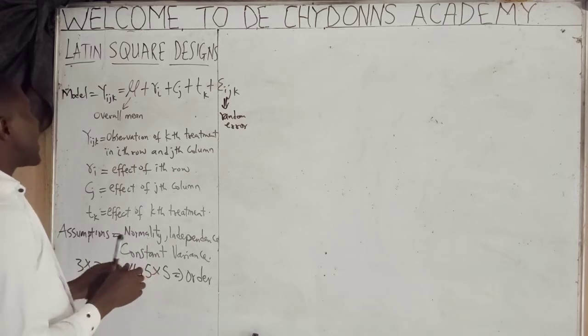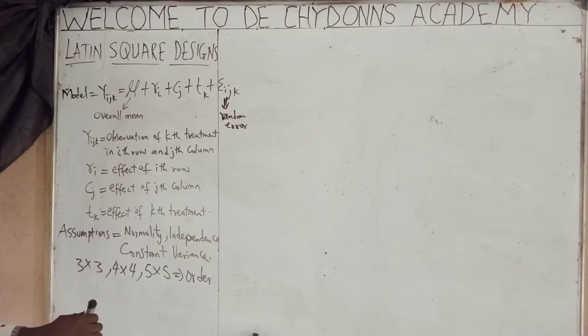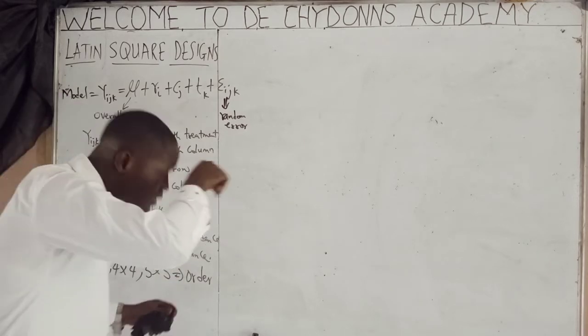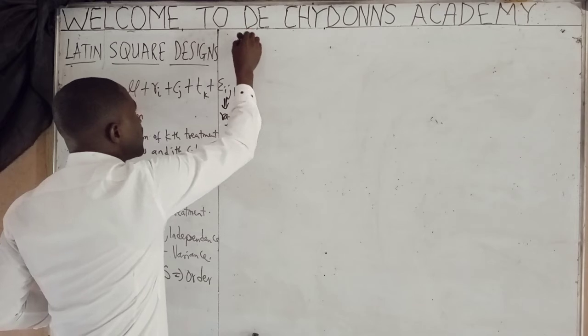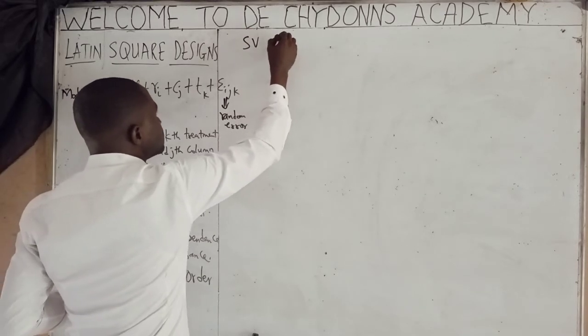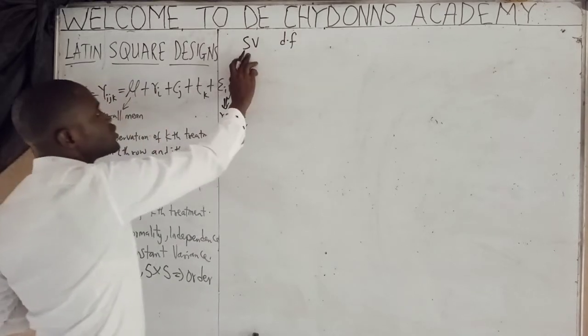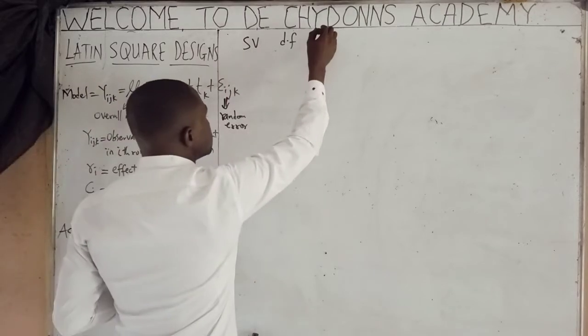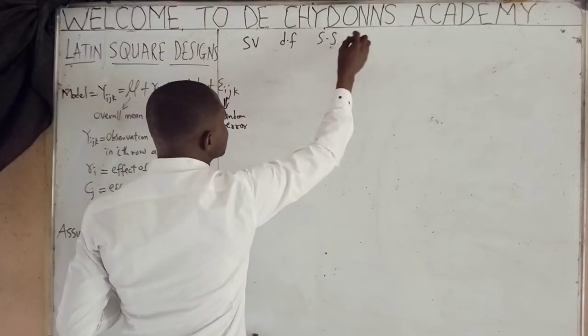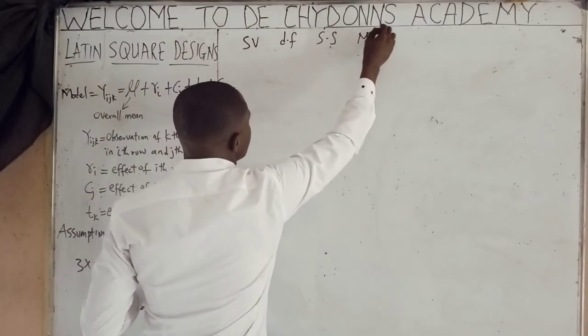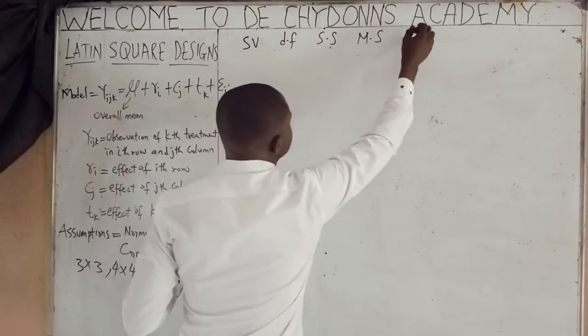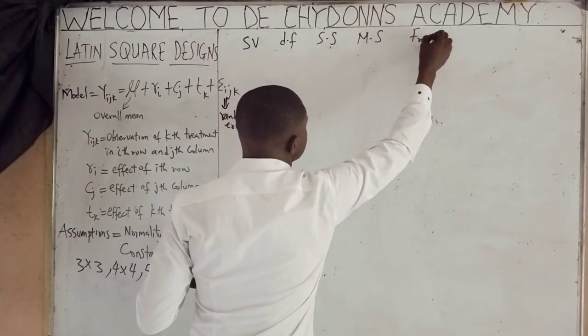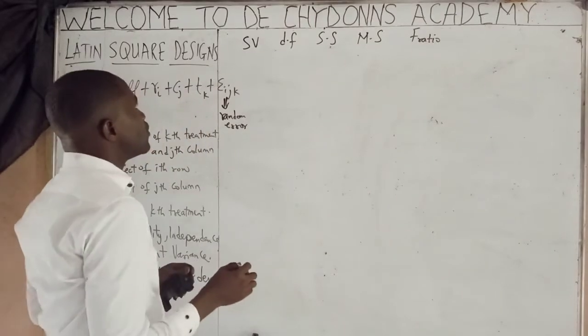So we go to the Latin square table. That Latin square table is made up of SV, degree of freedom, sum of squares, mean of squares, and F ratio. SV means source of variation.